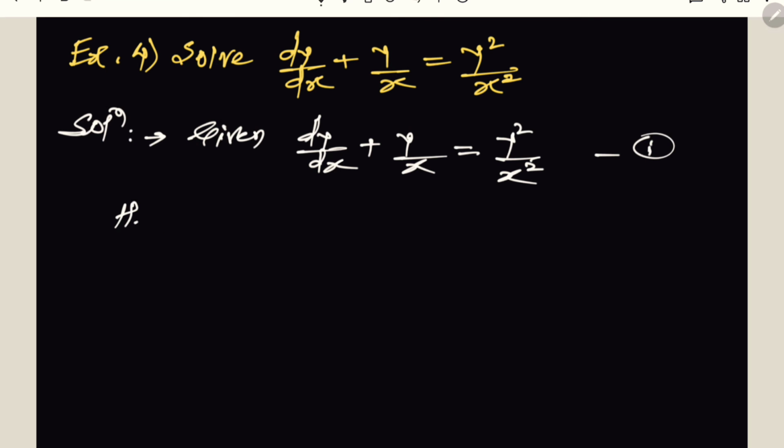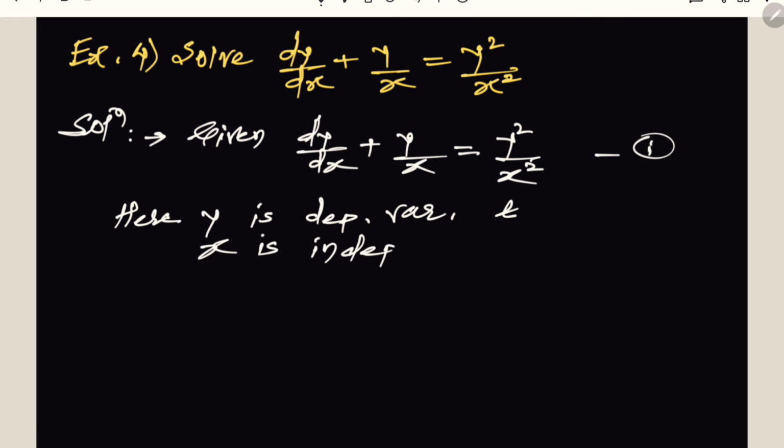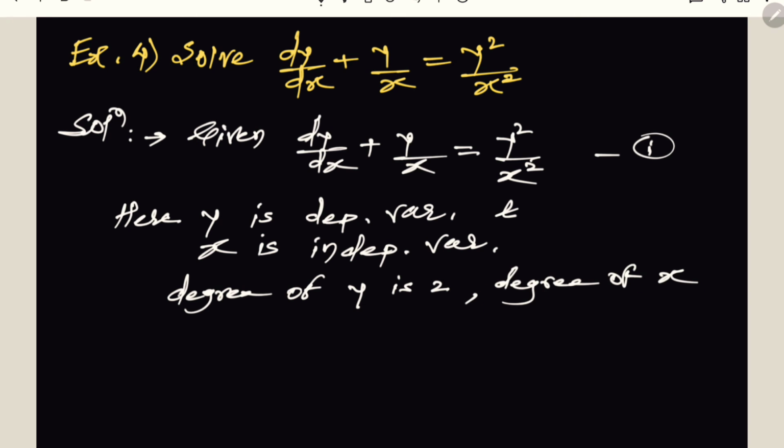Here y is the dependent variable and x is independent. To check whether it is linear in y or linear in x, we find the degree of x and y. Here the degree of y is 2 and the degree of x is also 2. Therefore, the equation is neither linear in y nor in x, which means we have to think of some new technique.